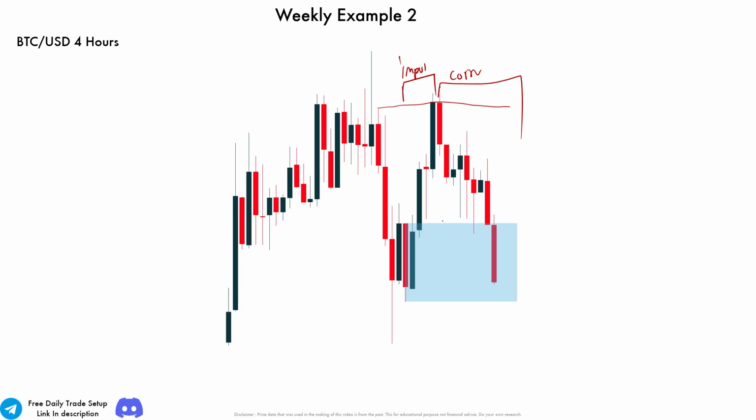So from here, you will wait for the market to enter this area, and then you will move to the lower time frame so that you can try to minimize the risk, because you don't even have a confirmation here. Your confirmation can be a little bit higher, around here, and then your stop loss will be here, while the market is just going to move to this area and then drop.